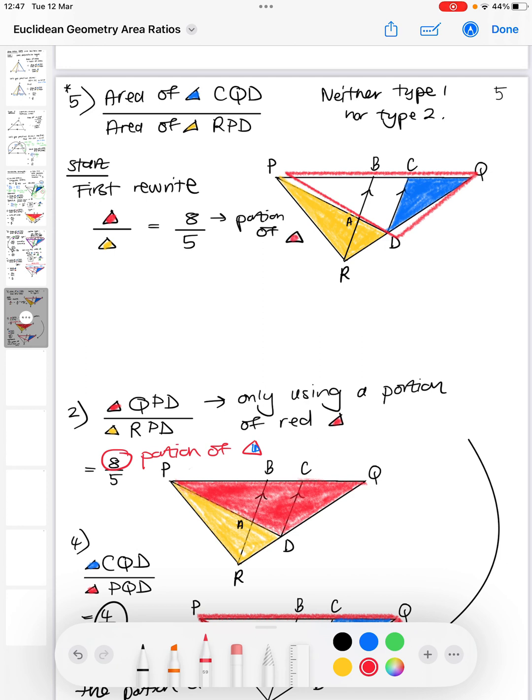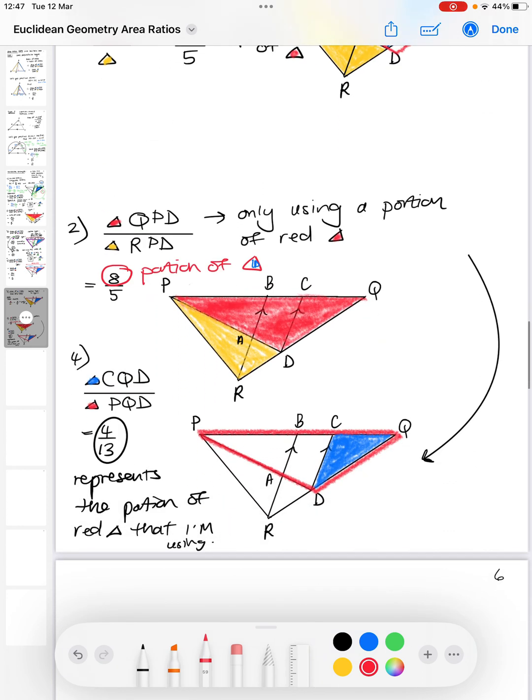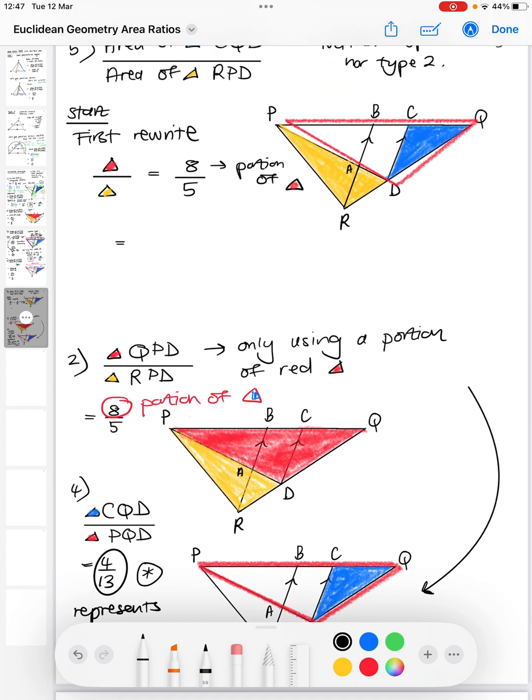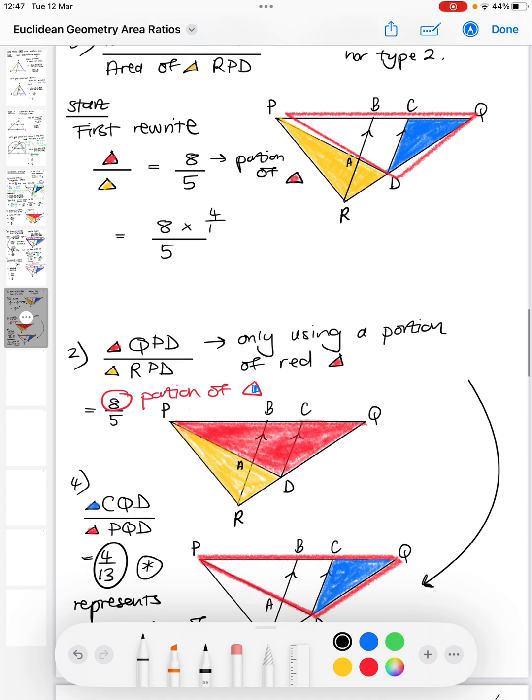The portion of the red triangle that I'm using is the 4 over 13. Because the 4 over 13 is the fraction or the ratio of blue triangle over red triangle. So for that reason, I'm taking the 8 and multiplying it by 4 over 13. That's the portion of the red triangle that I'm using. So it's sort of like simultaneously solving your equations. If you pop that into your calculator, you will get a simplified answer of 32 over 65.